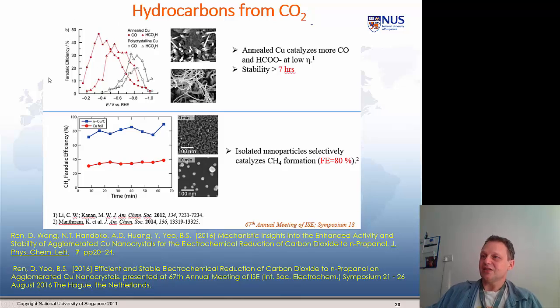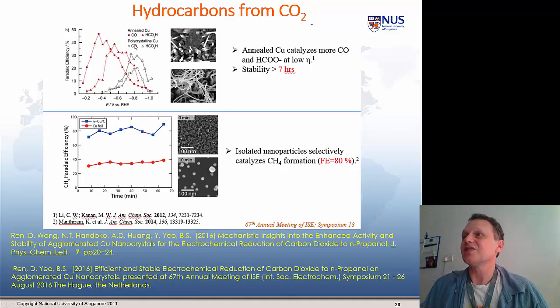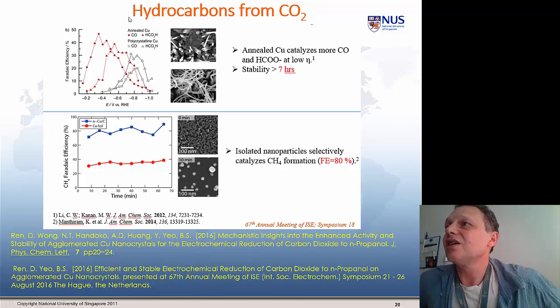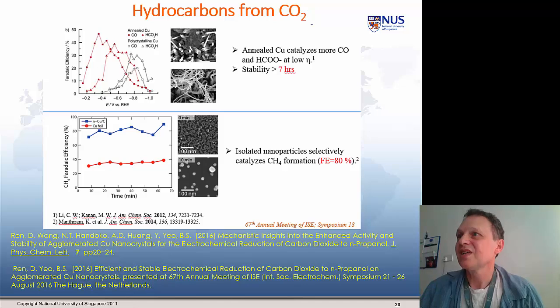Here you have some classic chemistry. You're looking at the rate of change effectively of carbon monoxide and formic acid on two surfaces, either annealed copper or polycrystalline copper. And you can see here that you get mechanistic information.